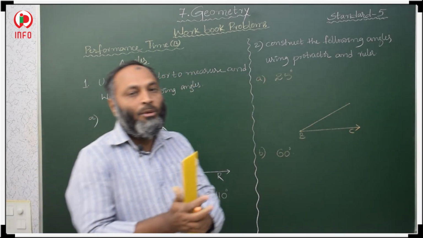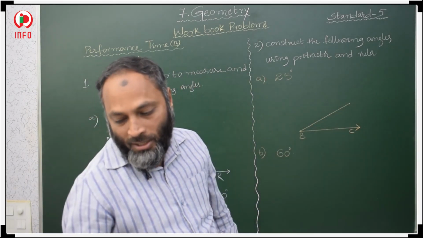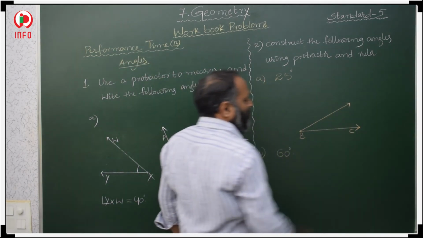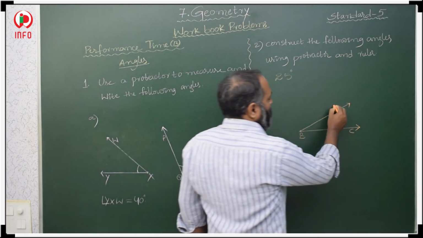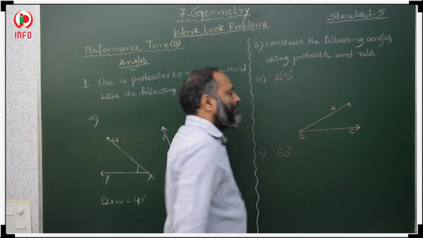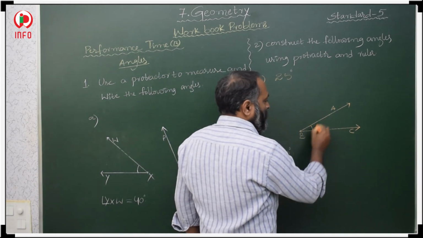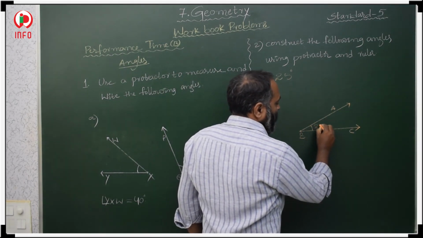Then after that, remove your ruler. Then keep an arrow here and represent it with A. This angle ABC is 25 degrees.